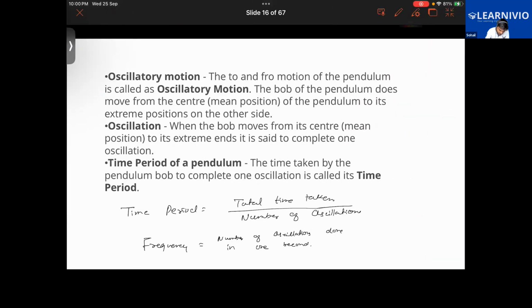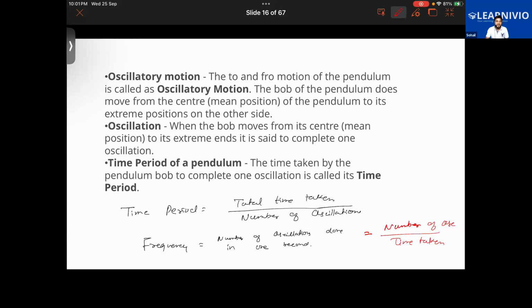Now, the formula of the frequency is basically the number of oscillations upon time taken. Can you spot any difference here? Basically, it's the reciprocal. Frequency is the reciprocal of time period. You understand reciprocal?